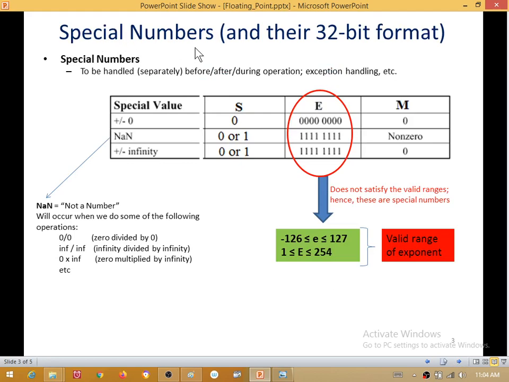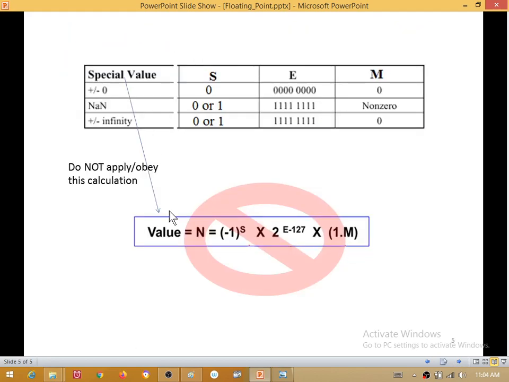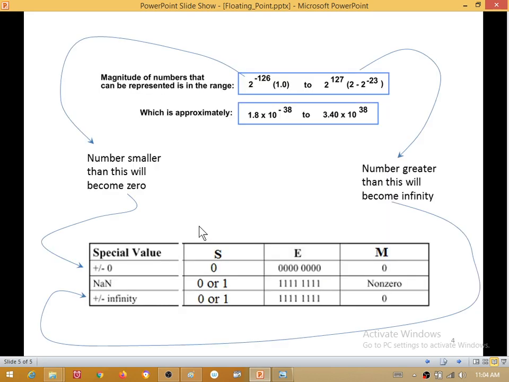Now there are some special numbers which do not obey this formula of calculating the values. So we are going to look at some special numbers, but don't use the formula here to calculate the value of those special numbers. Okay.